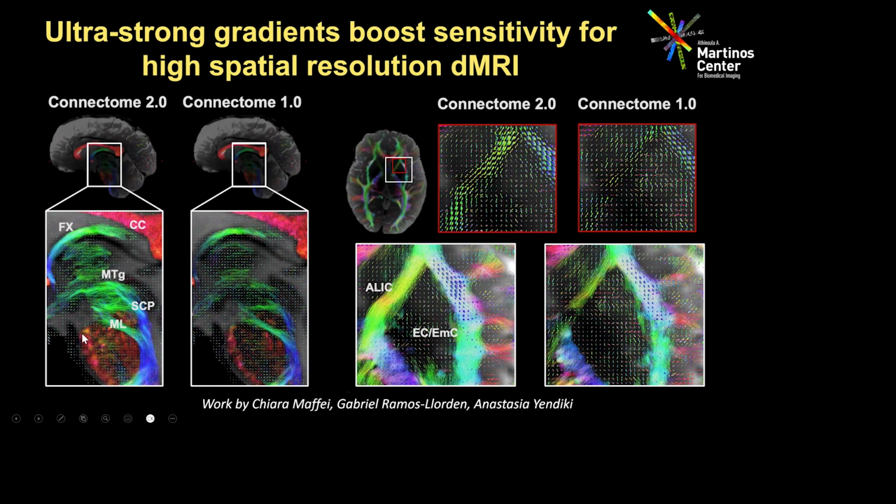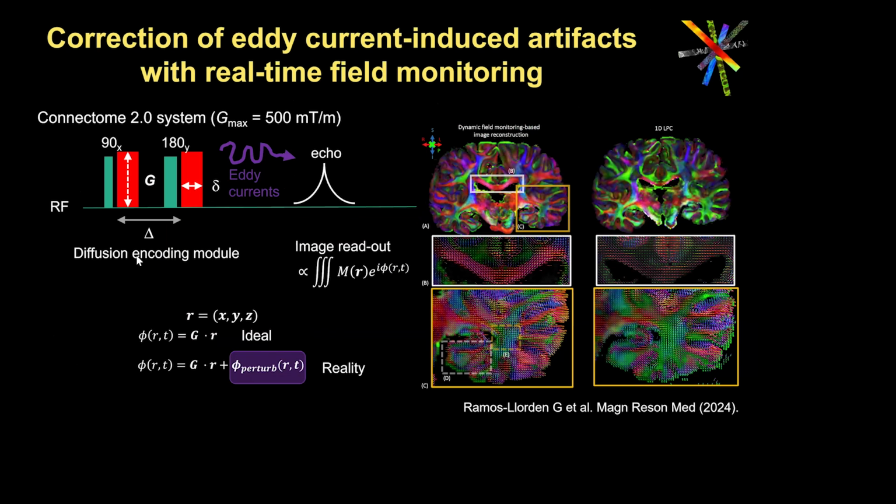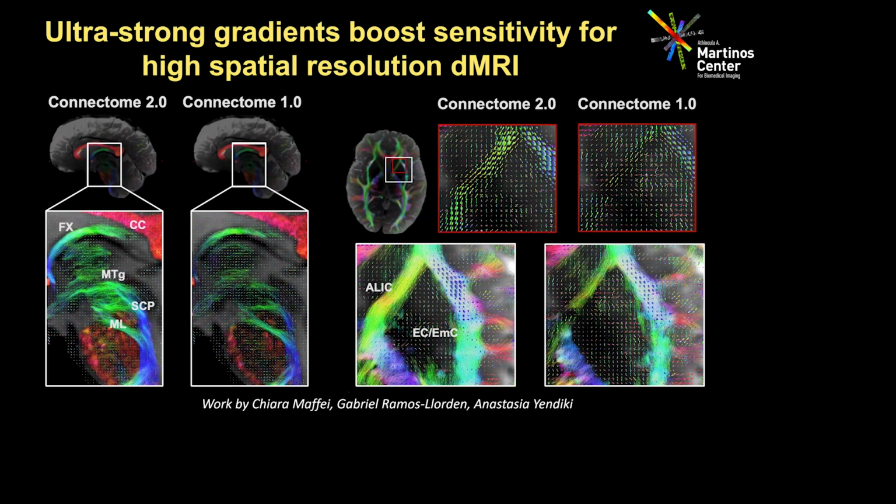And I'll note that these tractograms were created without any denoising on the scanner, as compared to what we would need to do with connectome 1 to achieve even some measure of sensitivity for detection of such tracts.